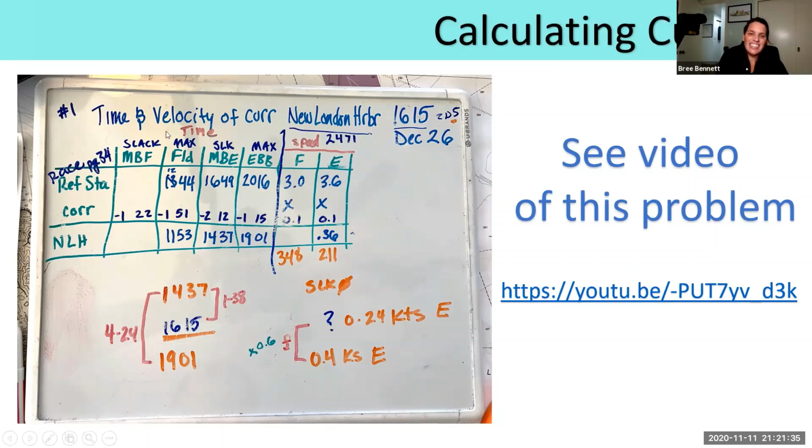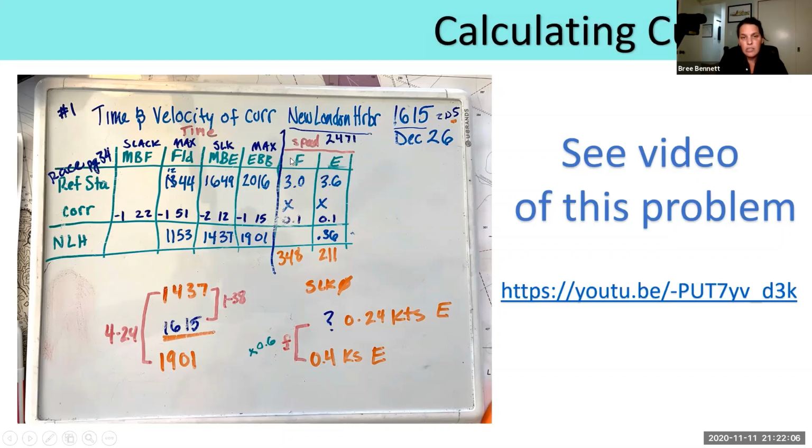Okay, so this is kind of my final little table, but as you can see, it's very similar to my tide table. So I have my reference station, my correction, and then what it's going to be at the New London Harbor. So I just copy what it says on the differences. It said MBF, flood, MBE, ebb, which is essentially your slack, your max, your slack, your max.